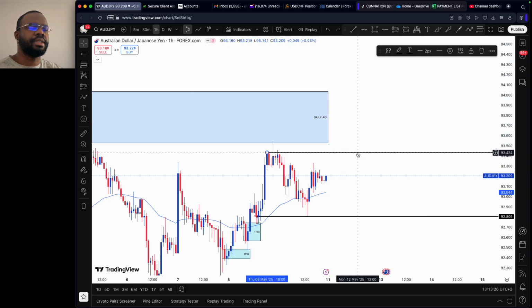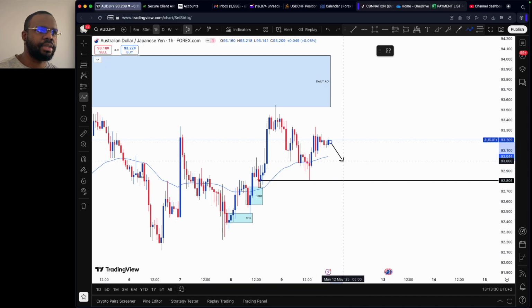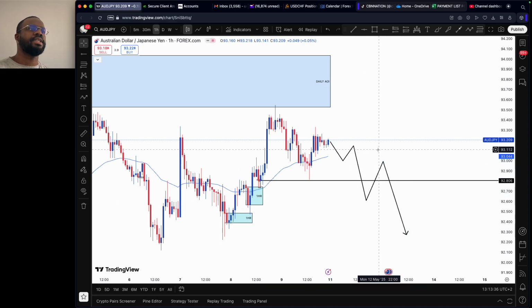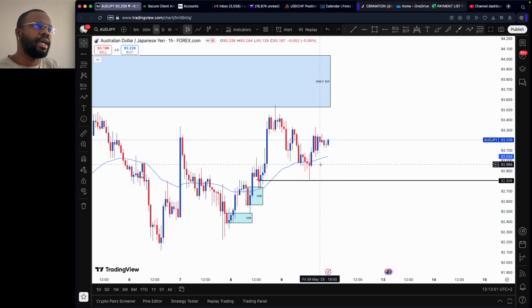But at the moment, I just want to see a break to the downside. I want the market to break this level, then retest for a sell. Because if CHFJPY is willing to sell, then AUDJPY should also sell, because these are JPY correlated pairs. So that is what I'm looking for on AUDJPY as well.